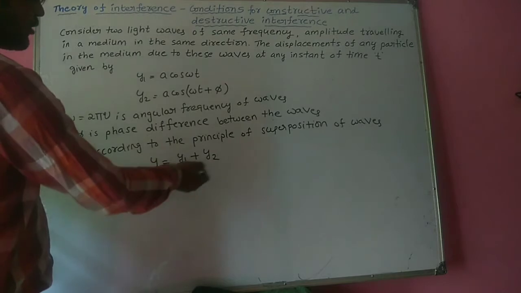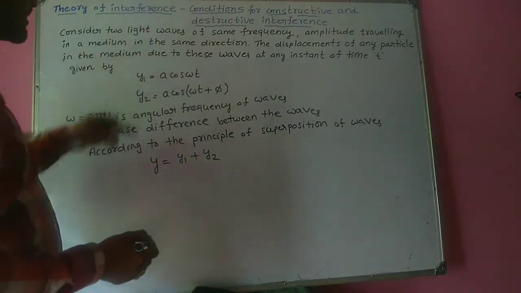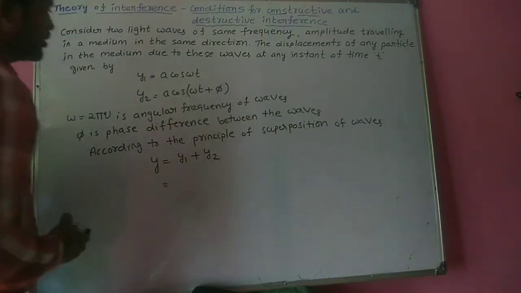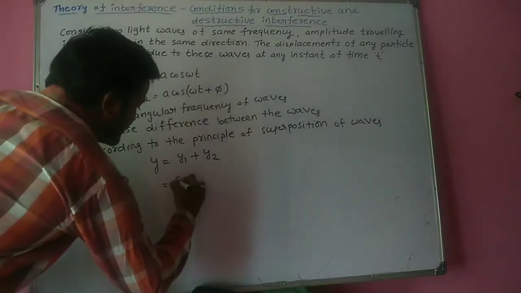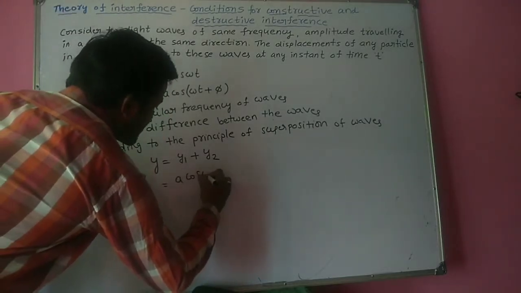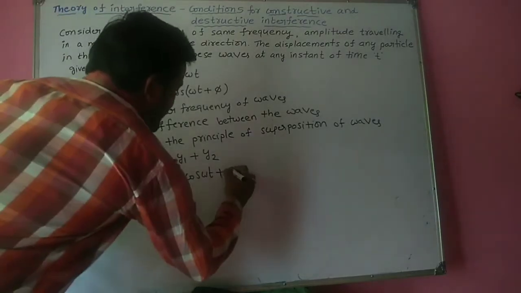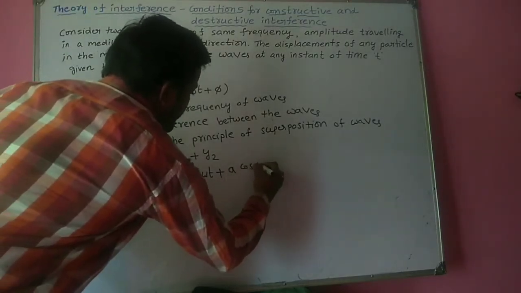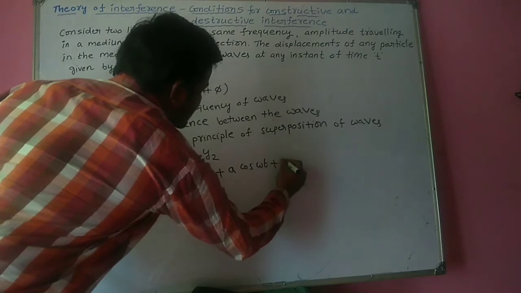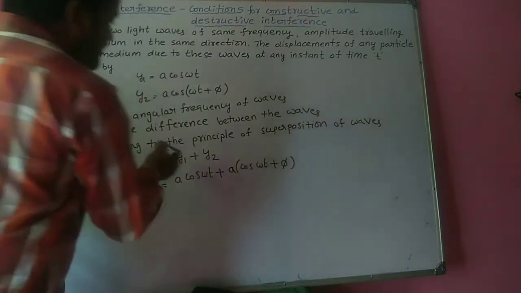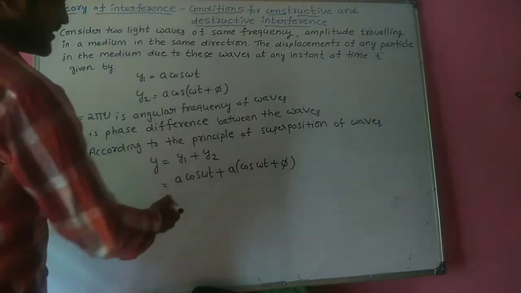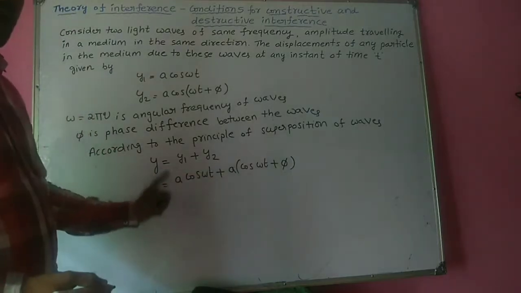Now let us substitute the values of y1 and y2 from these two equations. So y1 can be written as a cos omega t plus y2 is a cos (omega t plus phi). We have substituted y1 and y2. From these two terms we can take a common.